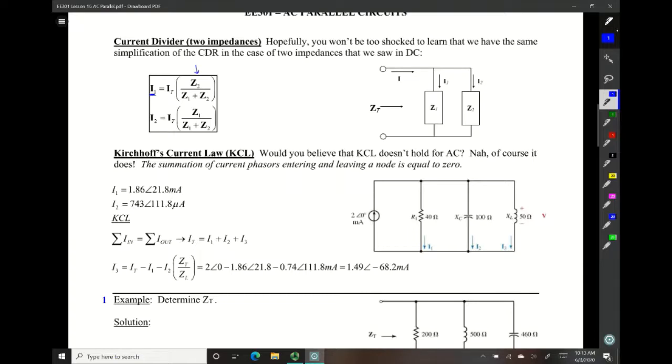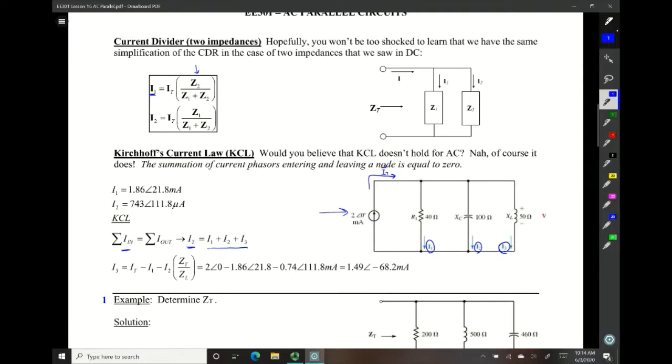So in this case, right here, where we have this circuit, the way we have denoted it, we have this one current I total entering the node. Right here, this is our node, and we have I1, I2, and I3 all exiting the node.